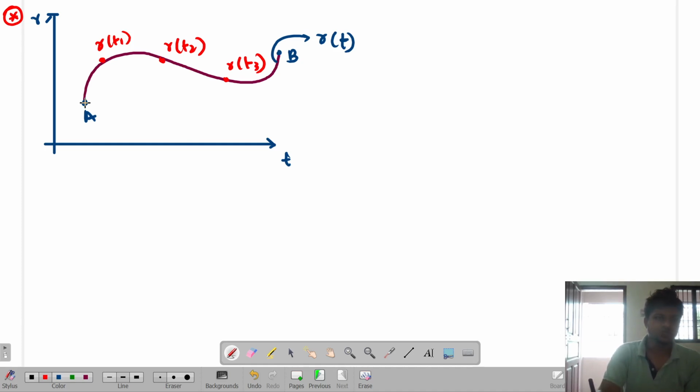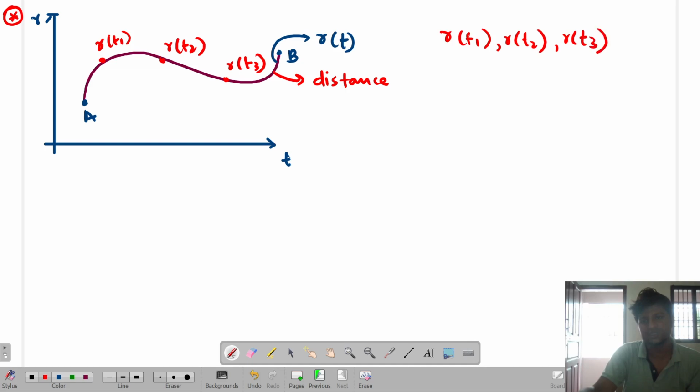Got it? These are my position coordinates at different times. Now, if I consider this whole path AB, then I talk about that as a distance. If I talk about only r of t1, r of t2, r of t3, basically they are not distance or displacement, they are the position. Are you able to get me or not? Distance is my whole path AB.